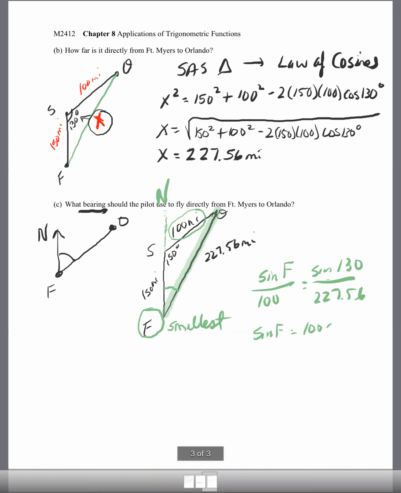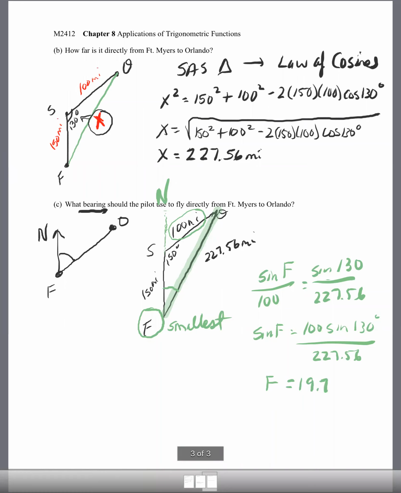Here we would have 100 sine 130 degrees divided by 227.56. And now if we go in there and take the inverse sine, so if we have the inverse sine, and we have 100 sine of 130 divided by 227.56, we will find out that F is 19.7.